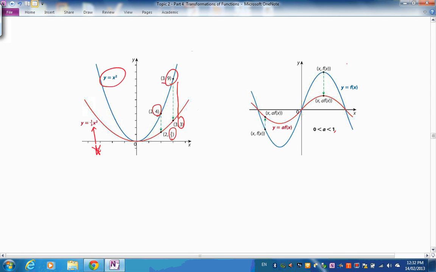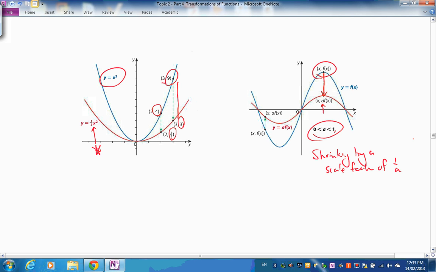So in general, over on the right here now, when you put x into the function f of x, you plot the point, and it's going to go downwards by multiplying by this a if you have a fraction. So it's going to be a shrinking by a scale factor of, what, 1 on a, if you like there.